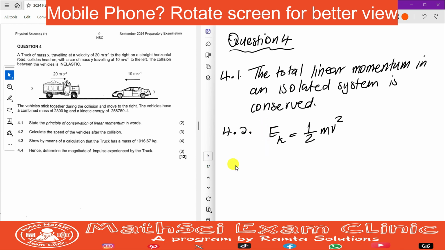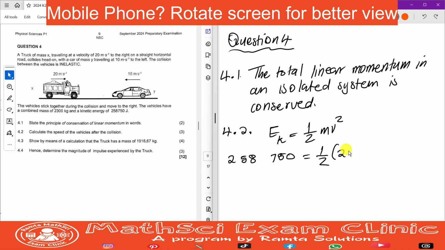What is the kinetic energy? 258,750. And then what is the mass? It is the combined mass of the objects, which was 2,300. Now, do we know the velocity? No, we do not. We leave it like that.